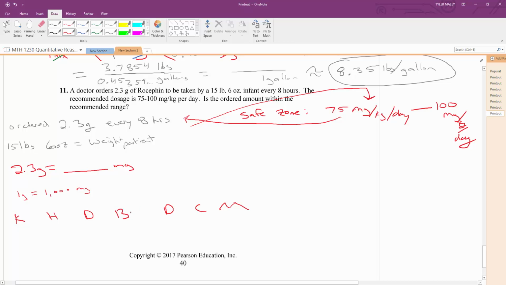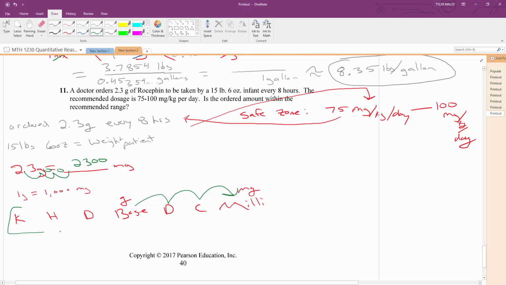So this is my base unit, like grams, and over here this would be milligrams. This can help you know what to do, how to move the decimal. If I want to go from grams to milligrams, I go 1, 2, 3 spots to the right. So that's what you do with the decimal part, and you get 2,300.